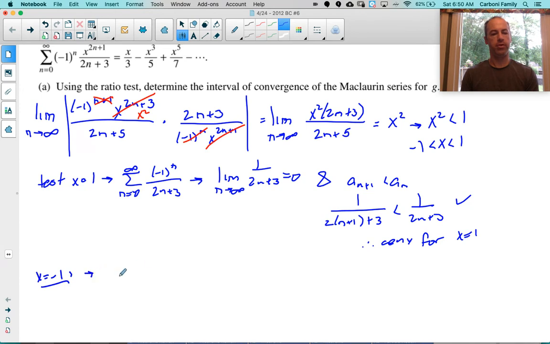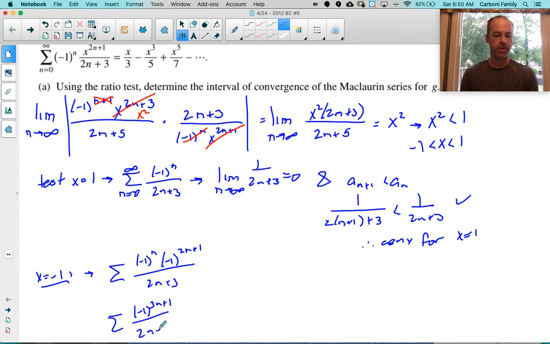And so that will give me the series of -1 to the n times -1 to the 2n plus 1 over 2n plus 3. That would be -1 to the 3n plus 1. And now let's see what happens to that -1.